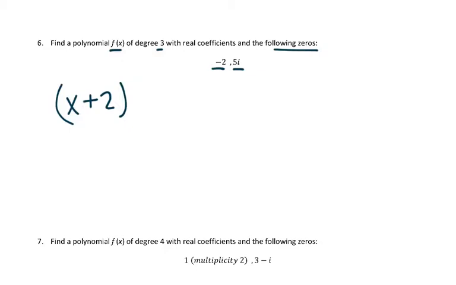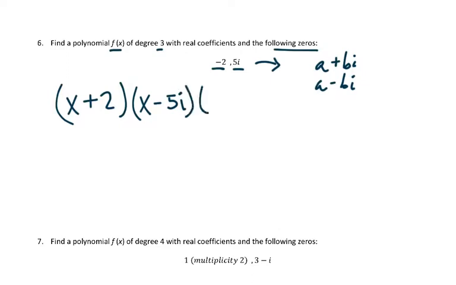Okay, but then that 5i, remember, we're told that if a plus bi is a zero, then a minus bi is also a zero. So here I would have x minus 5i as a zero and x plus 5i as a zero. Or as a factor, sorry. Let's say it as a factor, which gives us our 3 factors, which would give us 3 zeros.